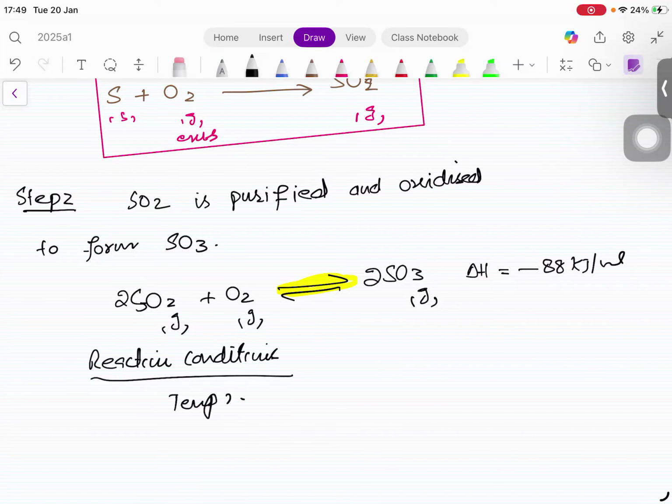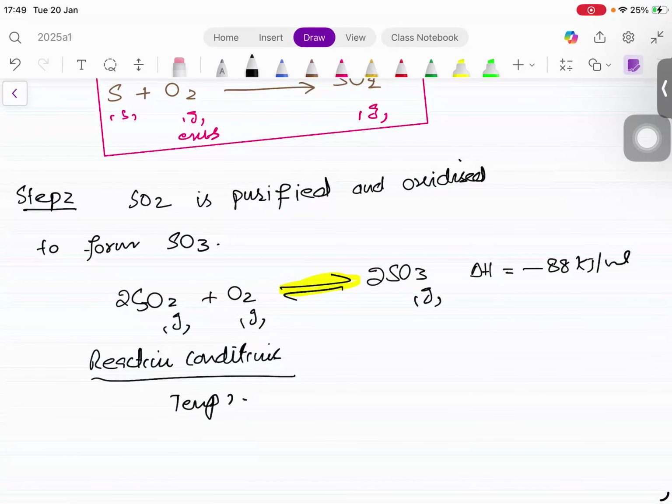Temperature should be low or high? Low temperature gives better yield of sulfur trioxide because it's exothermic.